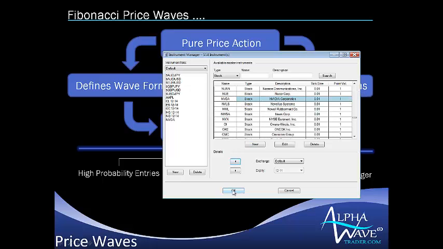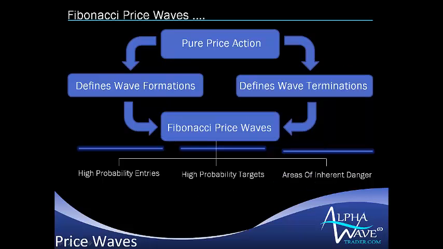What time frame? Daily. Let's go on NVIDIA.